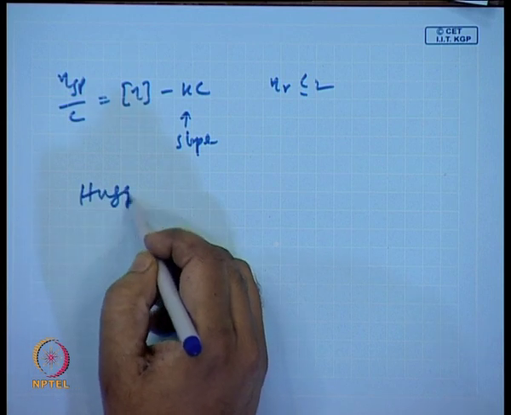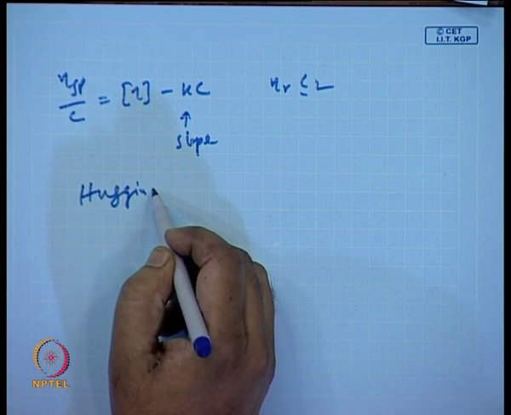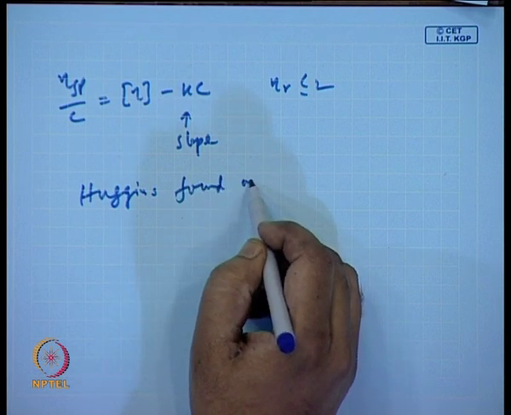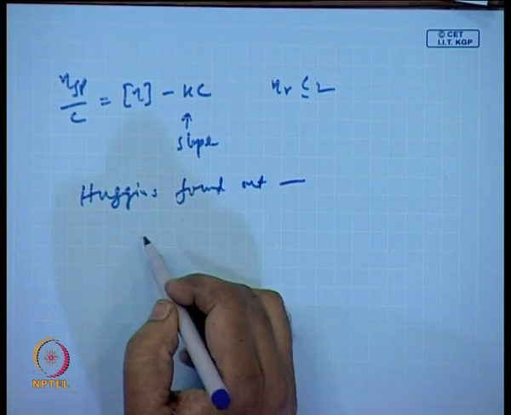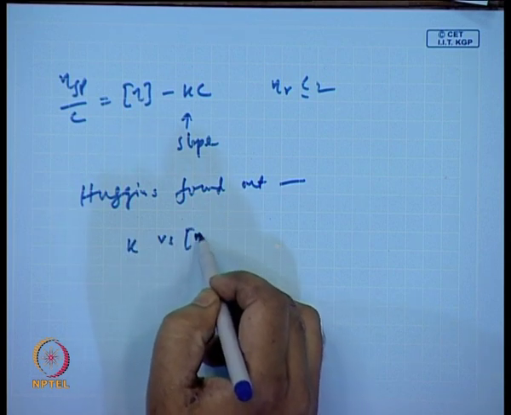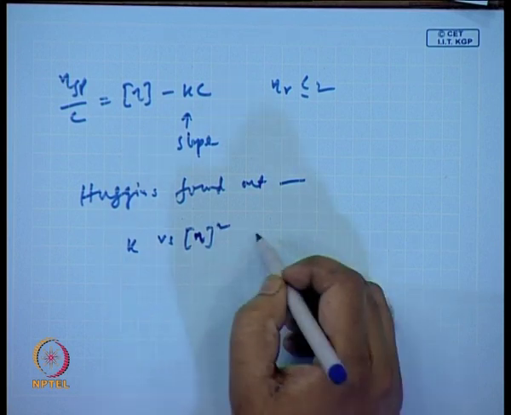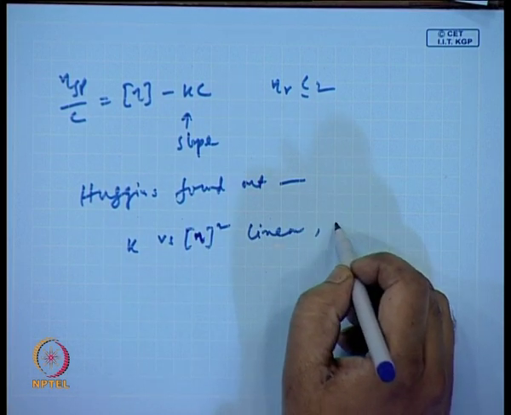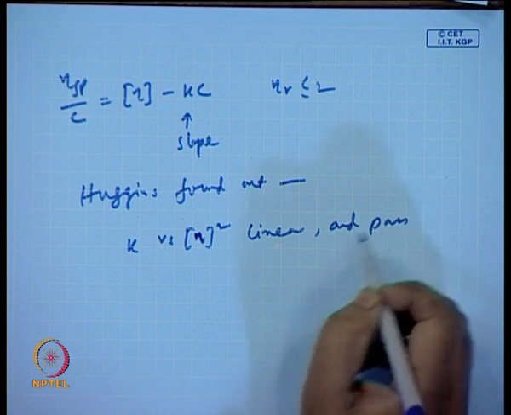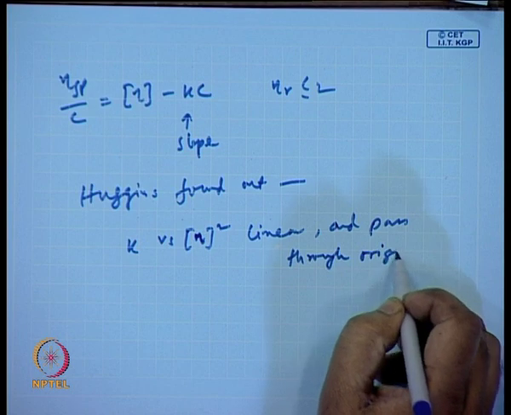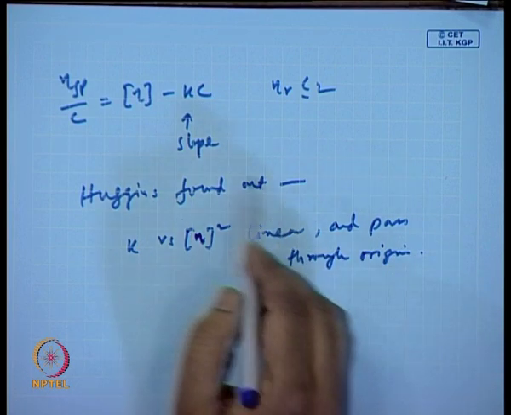So, Huggins found that K versus eta square is linear and passes through the origin. K is the slope.